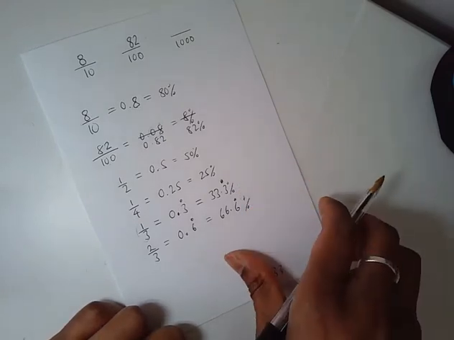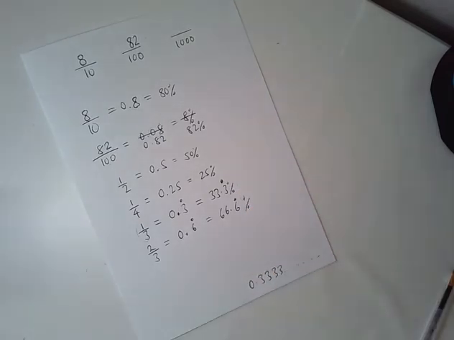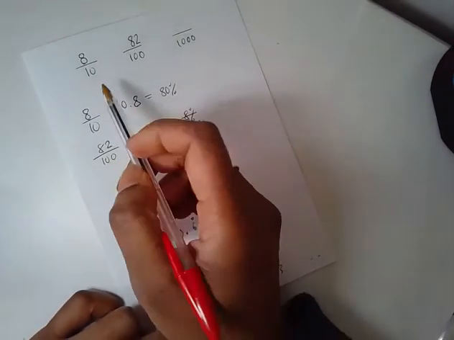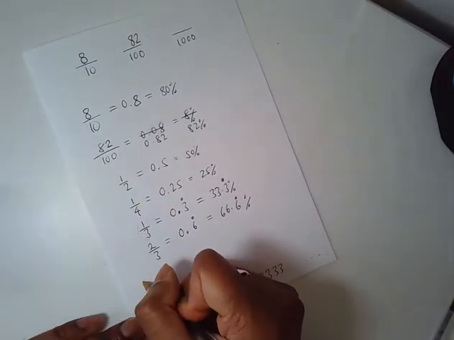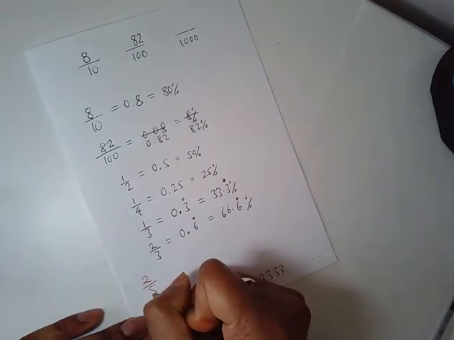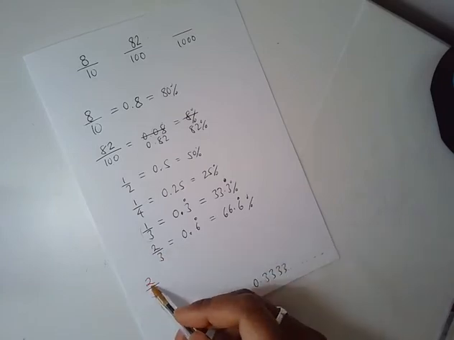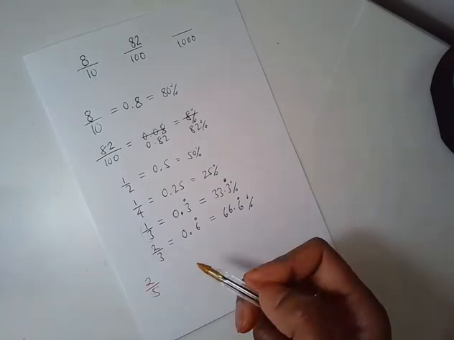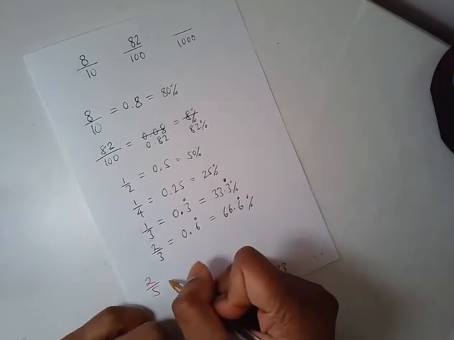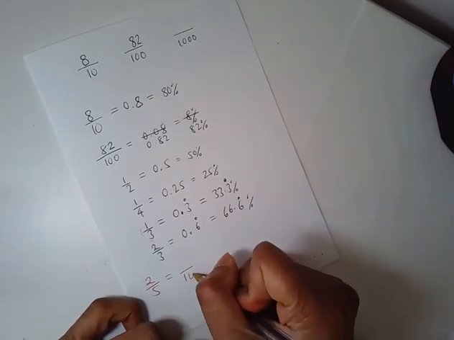Now, I've said to you just a while ago, there could be a situation where the denominator is not a 10 or 100. So let's say for example, it's 2/5. So you can't just say, oh, this is 0.2. The denominator has to be a 10 or 100 or 1,000. I think in this case, we can make this into a 10 quite easily.